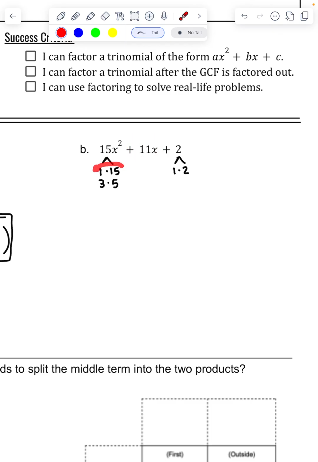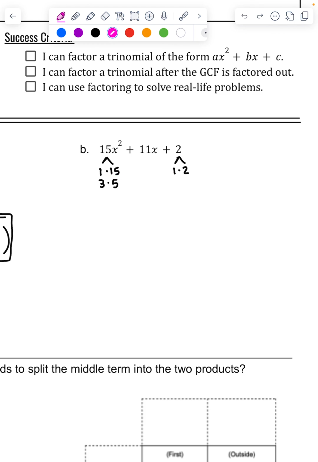To be fair, I'm feeling pretty confident on my 1 and 15 because 15 is pretty close to 11. So let's double check what combination I'm going to do. I think if I do 15 times 1, that will give me 15, right? And if I do 1 times 2, that gives me 2. If I minus those, it would give me close to 11, but that's not quite right.